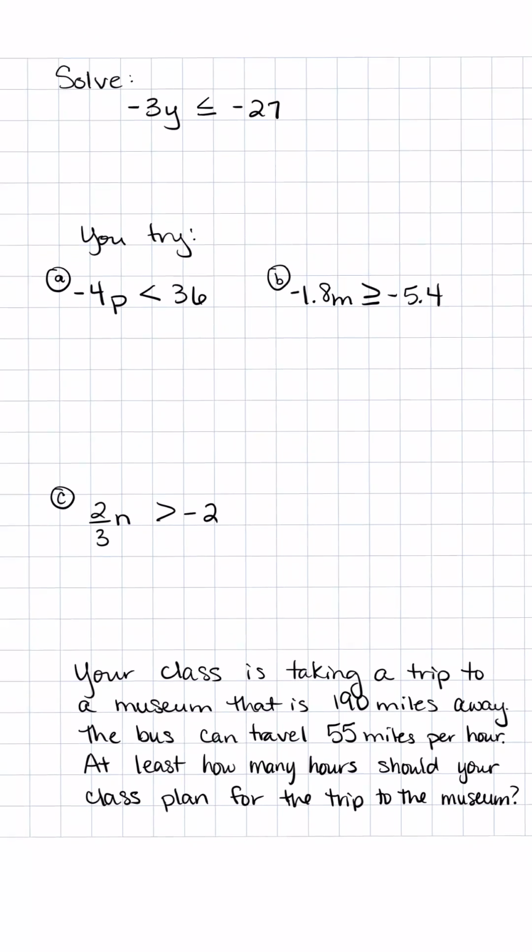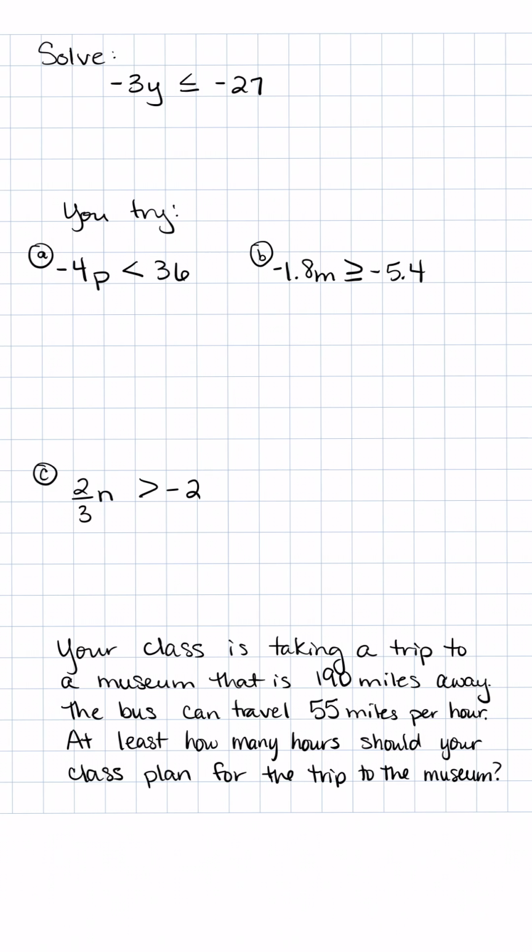So let's look at solving some of these inequalities now. If we have negative 3y is less than or equal to negative 27, we want y to be by itself, so we're going to do the opposite. Right now, negative 3 is being multiplied by y, so we want to divide by negative 3.